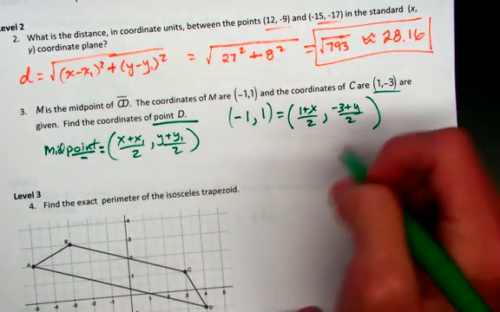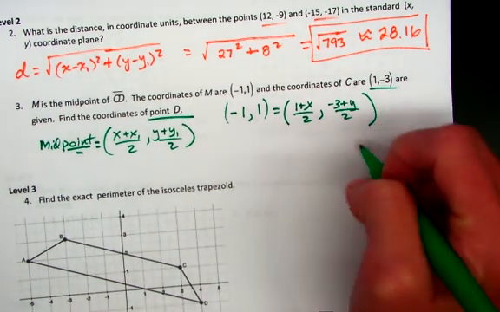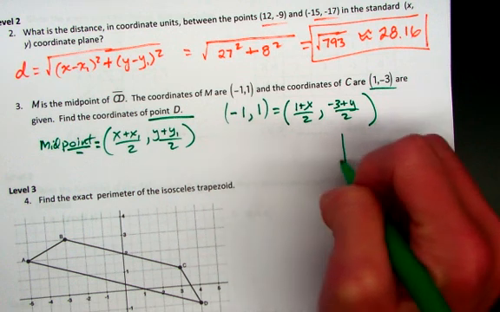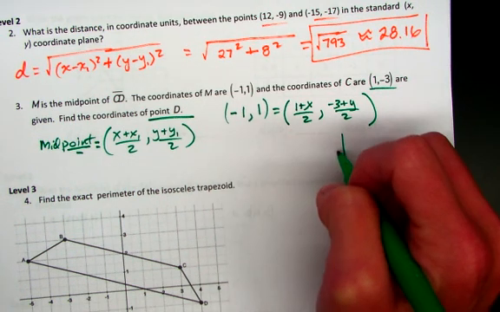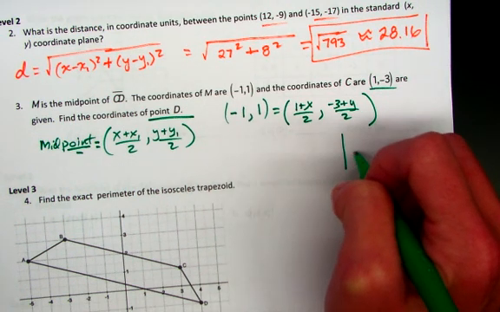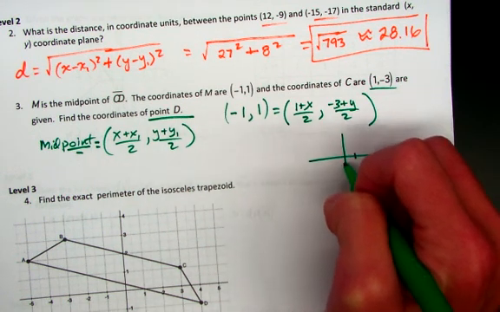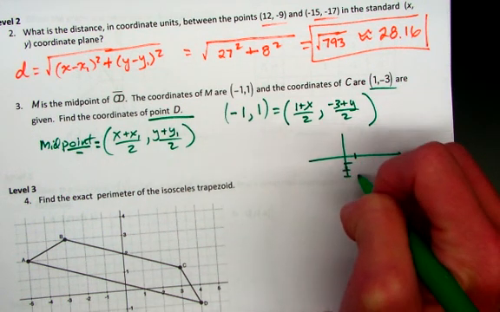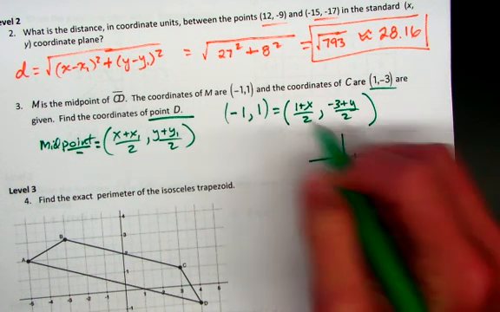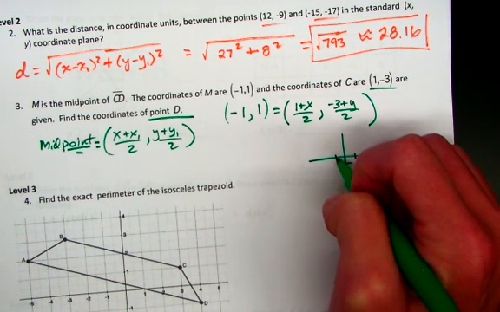So the other thing you can do is draw a graph. So I have 1, negative 3. So this is C. Now the midpoint is negative 1, 1.